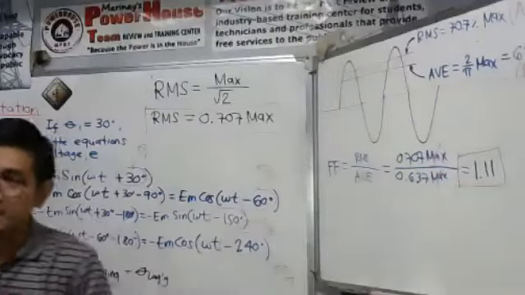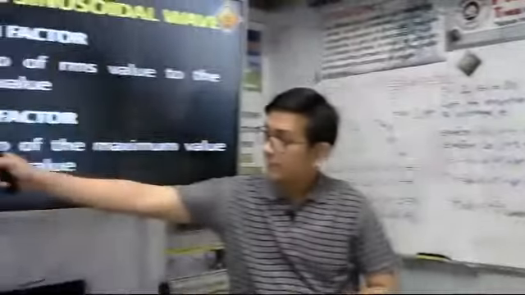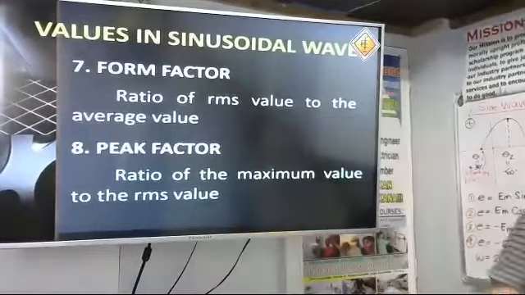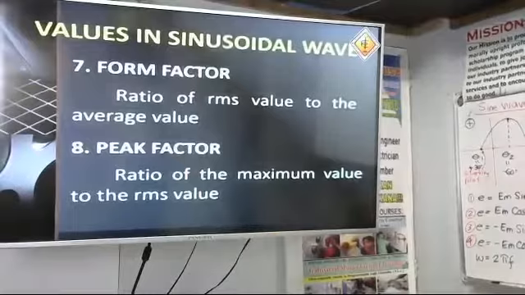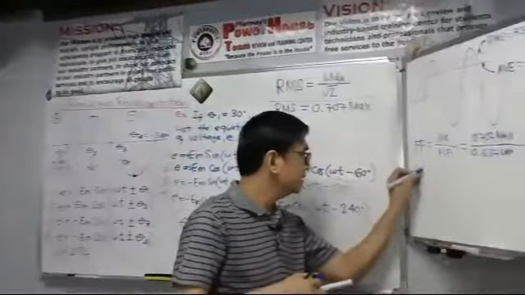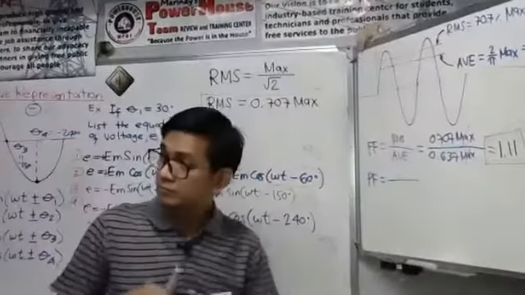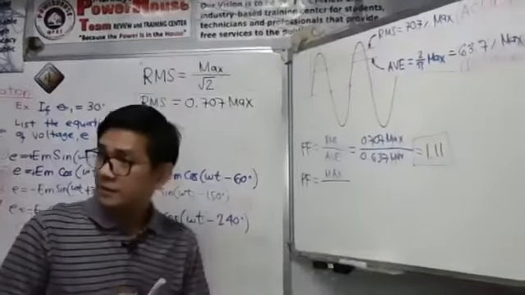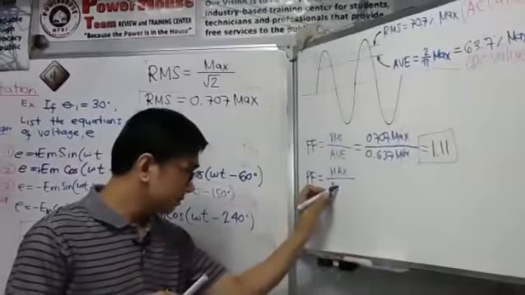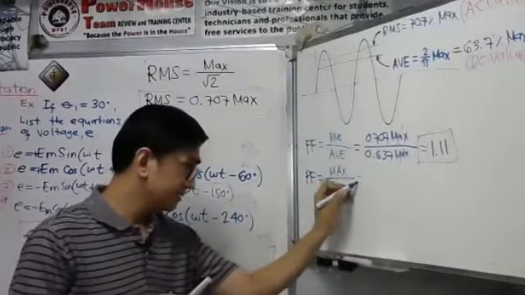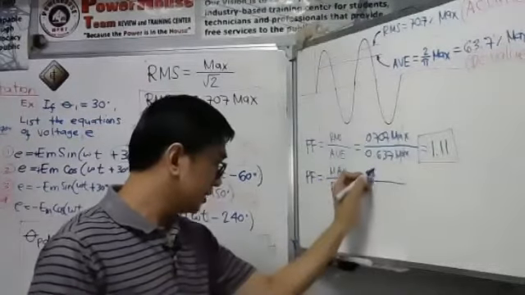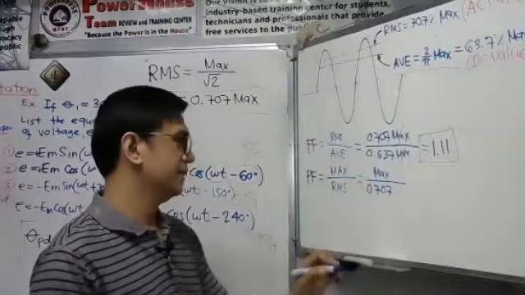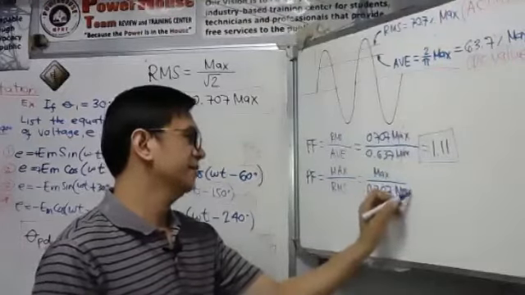What about the peak factor? Take a look here. Peak factor is the ratio of the maximum value to the RMS value, the root mean square. So the peak factor equals the maximum value over the RMS value, which is 0.707 times the maximum value.